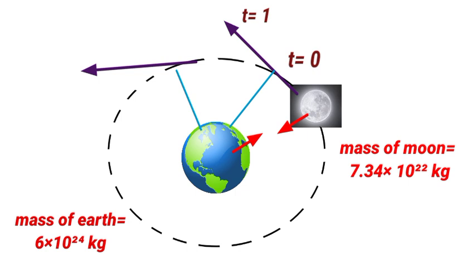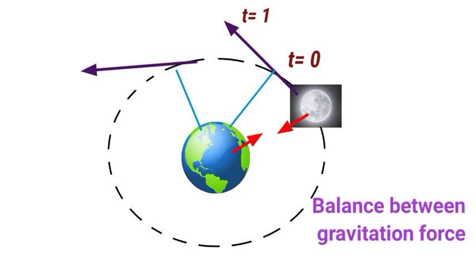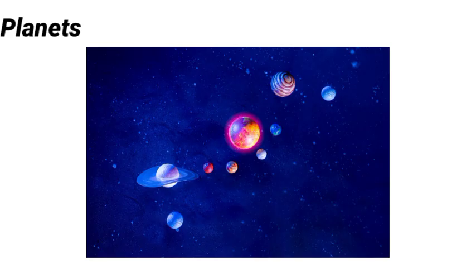So the moon doesn't fall to the earth because of the balance between the gravitation force between the two bodies, that is the moon and the earth. If there were no gravitation force, then it won't be moving in a circular orbit. Also, in our solar system, all the planets go around the sun.